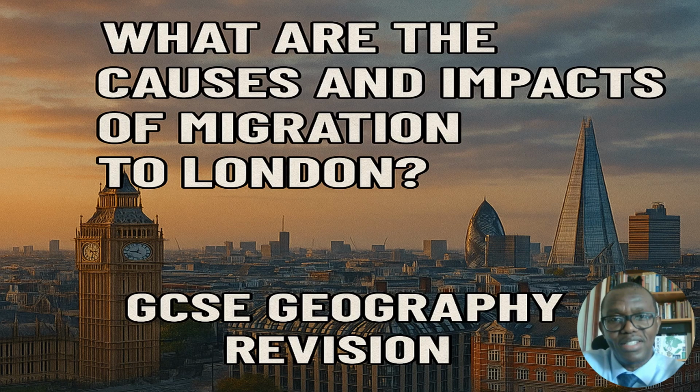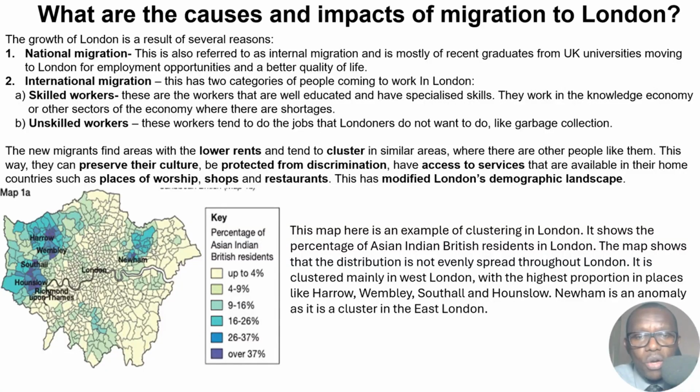Okay, let's get started. So what are the causes and impacts of migration to London? The growth of London is a result of a number of reasons, and the first one is national migration. This is also referred to as internal migration in our specification sometimes, and is mostly of recent graduates from UK universities moving to London for employment opportunities and a better quality of life.